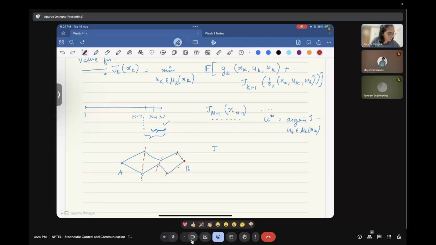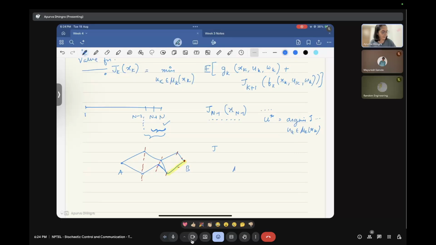To make it more precise, let's say there is a node like this also. So there are 2 options here. Then the choice is being made: this one is already chosen, whether to choose this one or this one. So step by step, we're finding out what is the trail of policies.